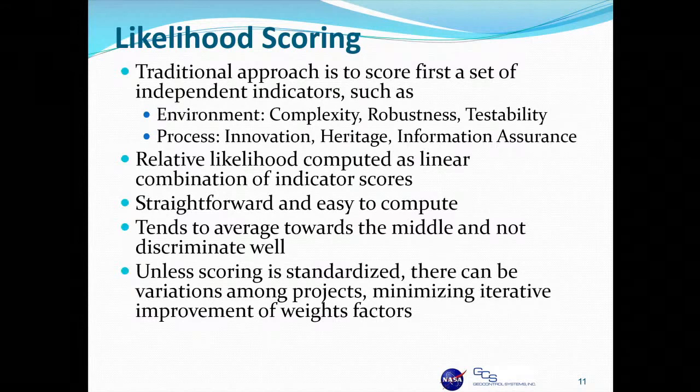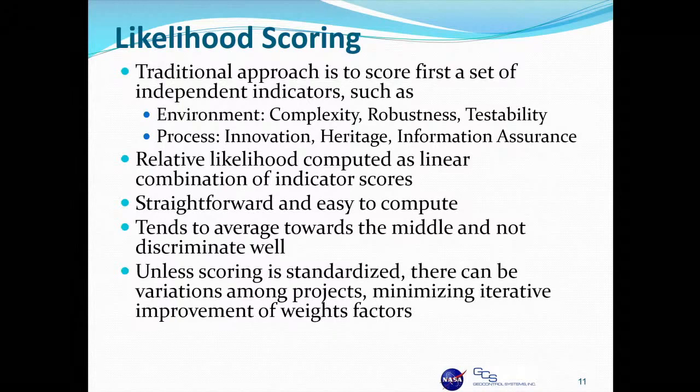The way that they have traditionally been combined is just computing a score based on a weighted sum of the scores on the 1 to 5 scale of each of the 6 characteristics. So it's just a linear combination of those 6 things that gives you the likelihood score.